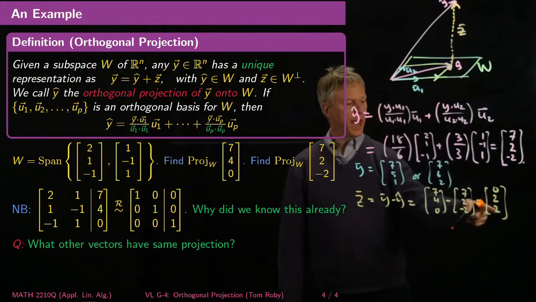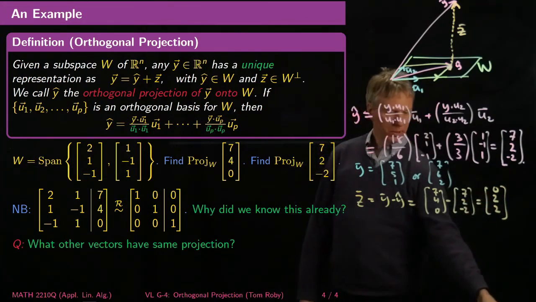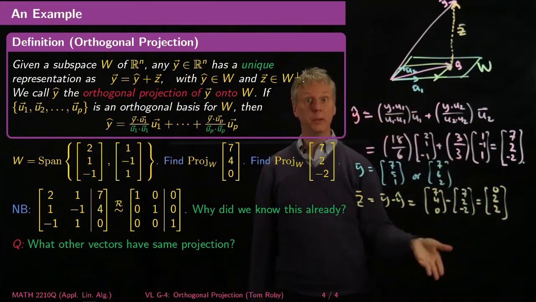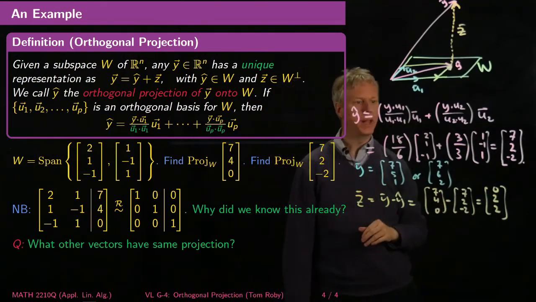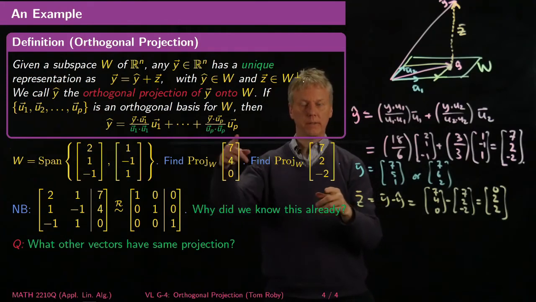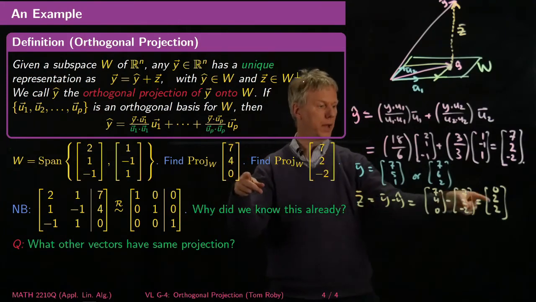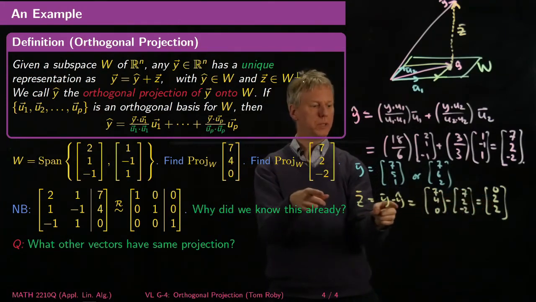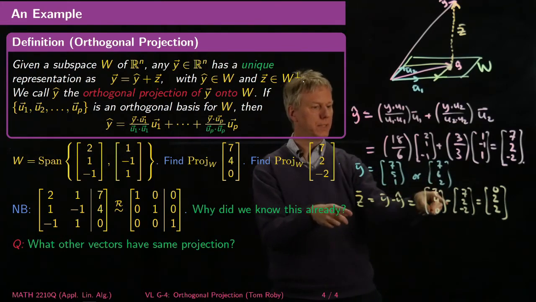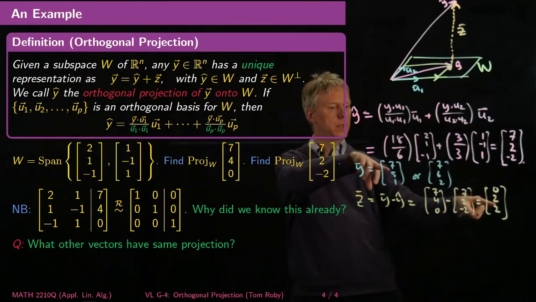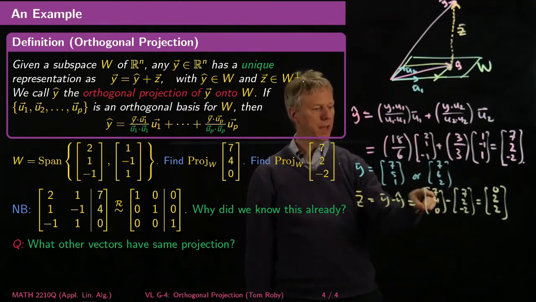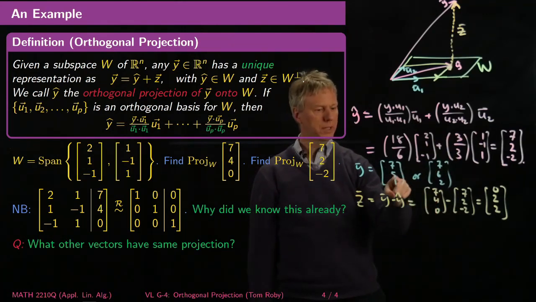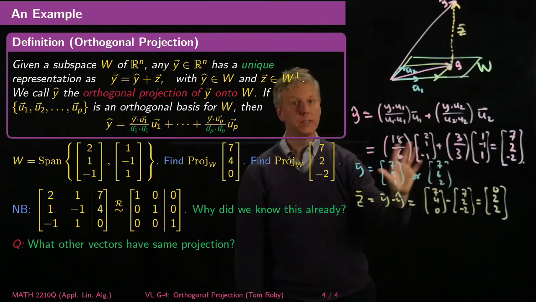So I can add any multiple of 0, 2, 2, which is the same thing as any multiple of 0, 1, 1, to this vector, and it will still project to the same thing. And so you notice that 7, 4, 0 and 7, 2, 2 differ by a multiple of 0, 1, 1, but so does 7, 5, 1, 7, 6, 2. All I did was I took 7, 4, 0, and if I add 0, 1, 1 to it, I get 7, 5, 1. I add it again, I get 7, 6, 2.